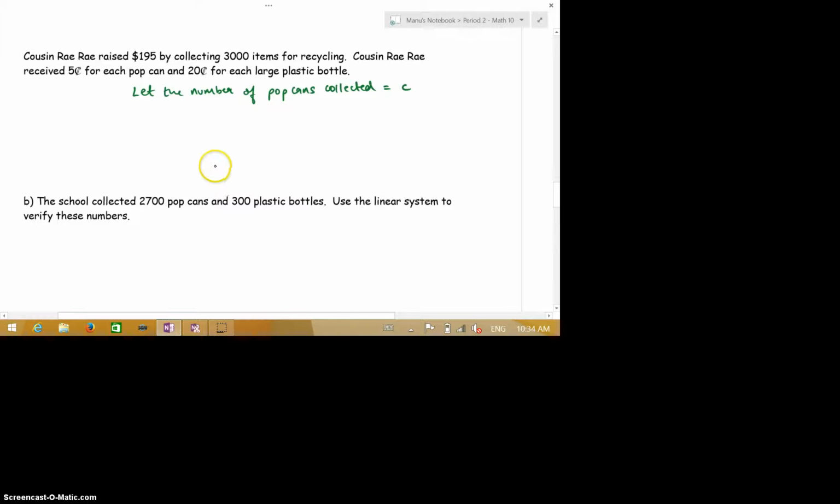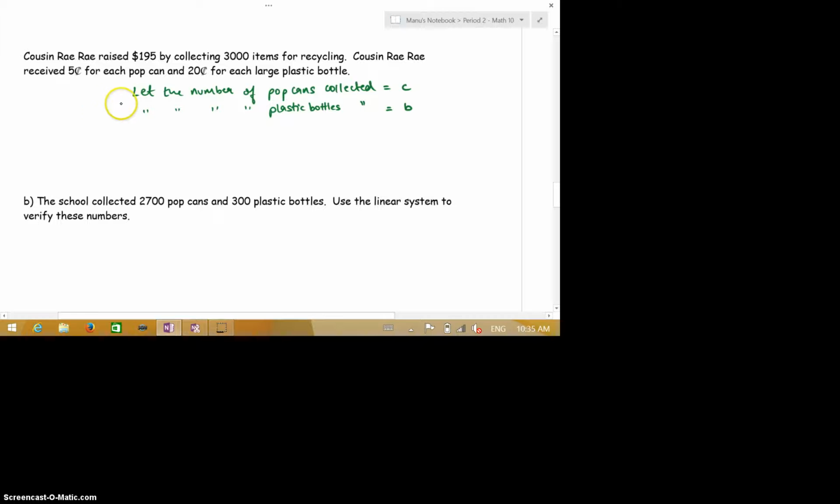And then I'll say let the number of plastic bottles collected equal B. I've used those parentheses just to state that's the same thing as above. Now because I'm working with dollars and cents, I'm going to convert everything into dollars.